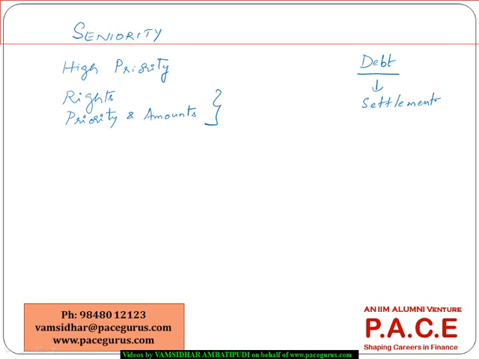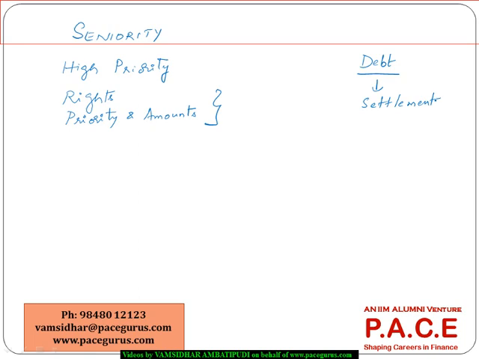So when I say senior debt, it is going to get the cash flows at first priority compared to the other kinds of bonds and debt instruments. Whenever we talk about seniority, it is in terms of repayment priority.